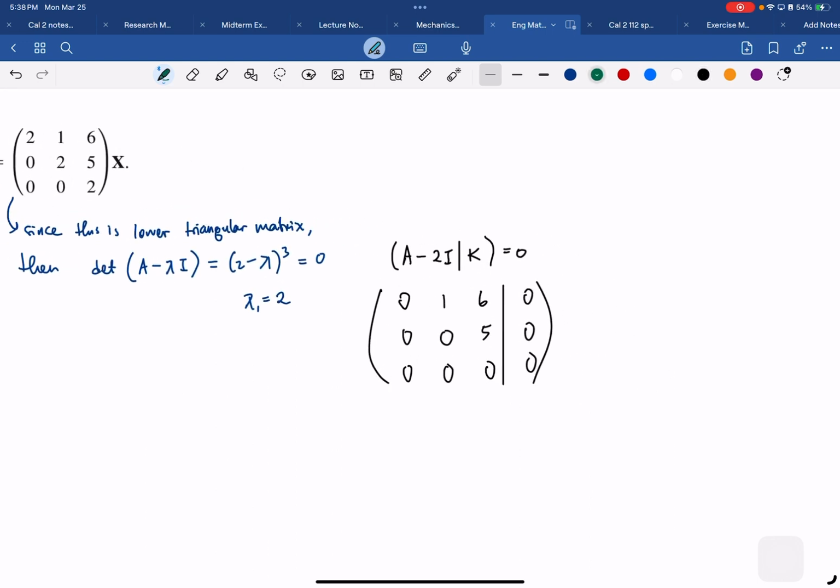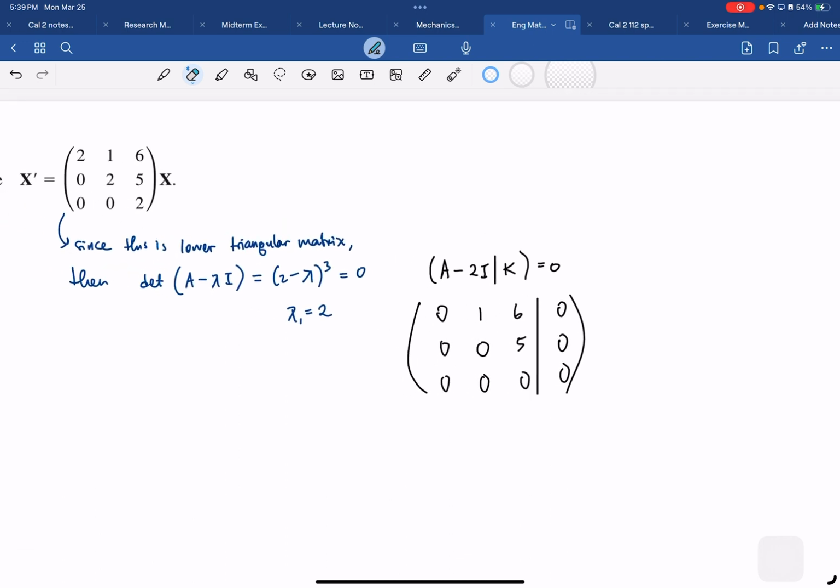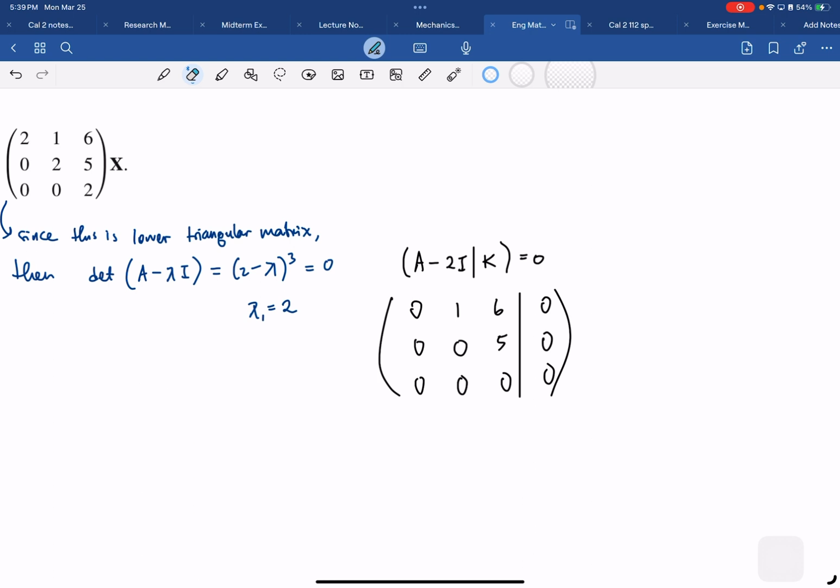So we have K2 plus 6K3 is 0, K3 is 5. Let me just solve the 5 and the 6 and make it clear. Is there anything wrong here?